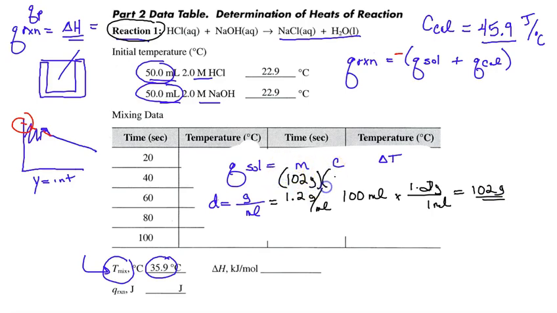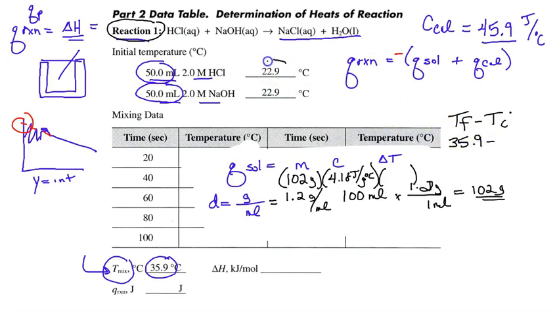Specific heat will be 4.18 joules per gram per degree Celsius. And a change in temperature, okay, it's going to be what? Temperature final minus temperature initial. Temperature final is always going to be T mix. So the T mix that we get from the graph is 35.9.